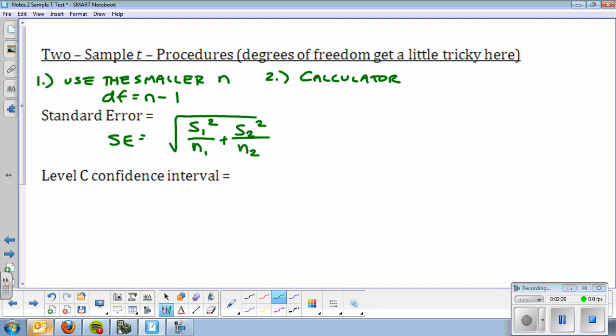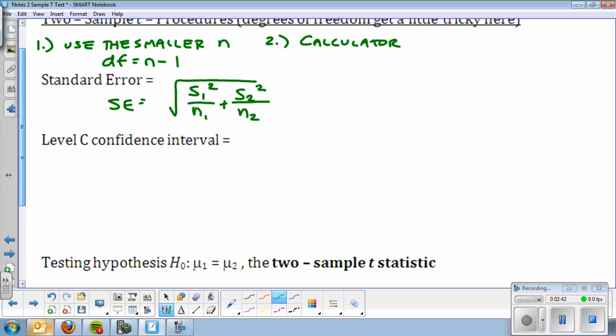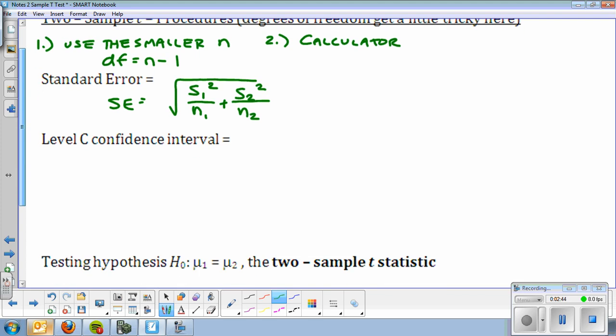Now, you notice the little subscripts 1 and 2 because we have two samples here, sample 1 and sample 2, so we're going to have to use subscripts to decipher between which sample we're talking about, the first sample or the second sample. Now, you can use numbers or you can use letters. Sometimes the letters are a little bit easier because they stand for something in the problem.